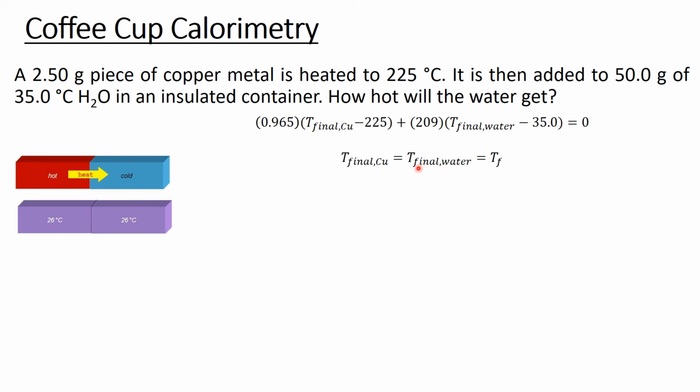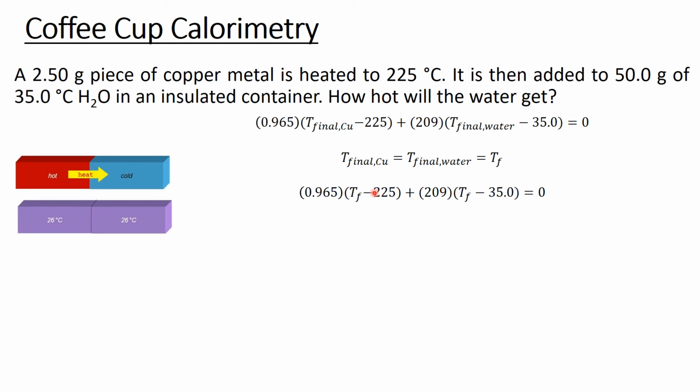The two are going to be the same number at the end of the day because the copper is going to be transferring heat to the water until they both reach the same temperature. So I'm going to call that temperature that they both reach TF for T final temperature. And now let's substitute TF into our equation. All right. So now I have only one variable that I've got to solve for.